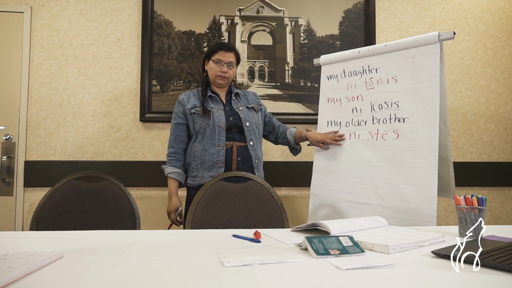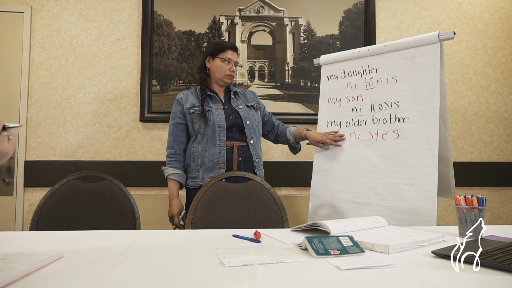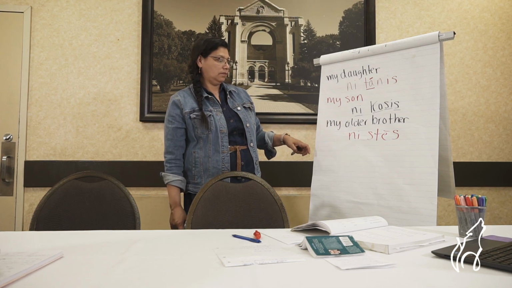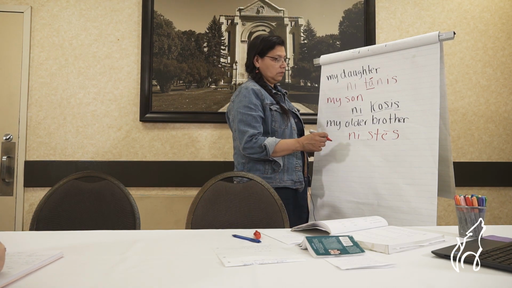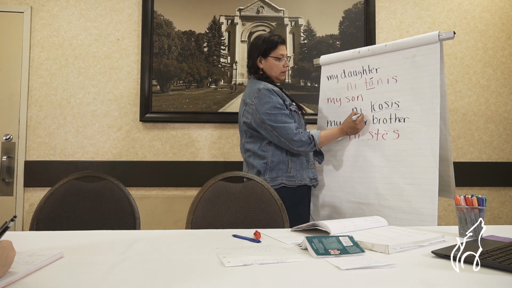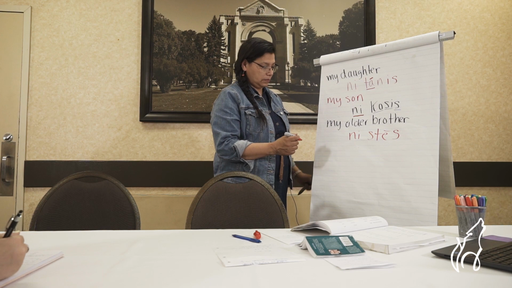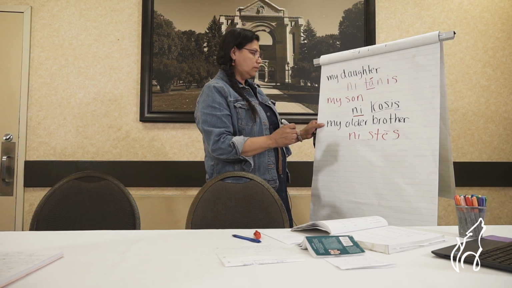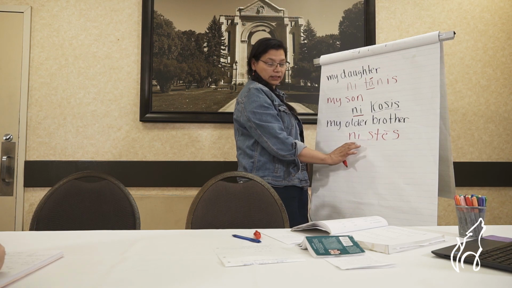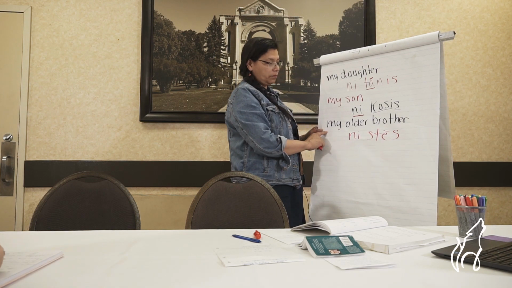Then it's Ne kosis, right? Ne. Yeah. Ne. Nekosis. So it's almost like writing my in front of the word. Yep. So my older brother, Nestes. Nestes. My older brother.